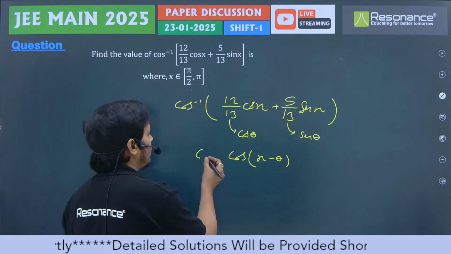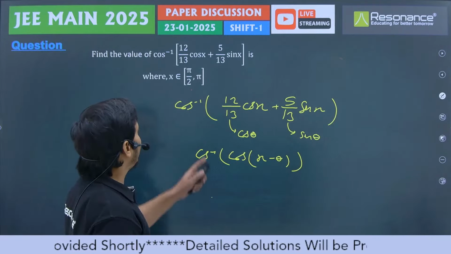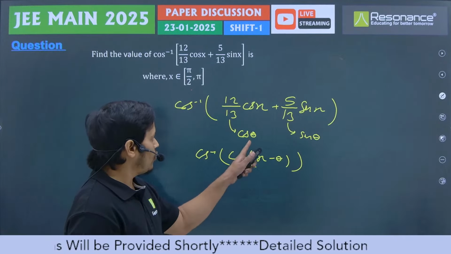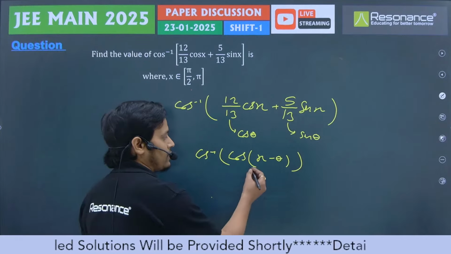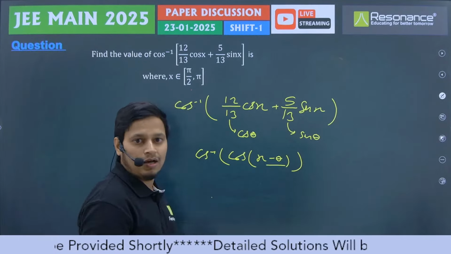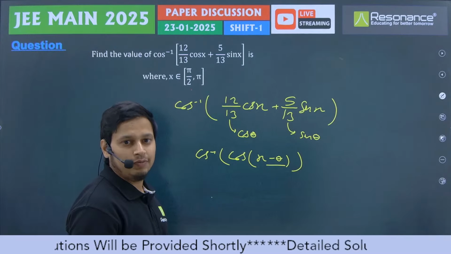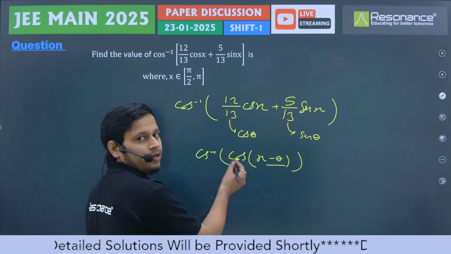And here we have cos inverse of this value. Now x belongs to pi by 2 to pi, and since cos theta is positive, theta lies in the first quadrant. So can I say x minus theta lies in the range greater than 0 but less than pi, which is the range of cos inverse?